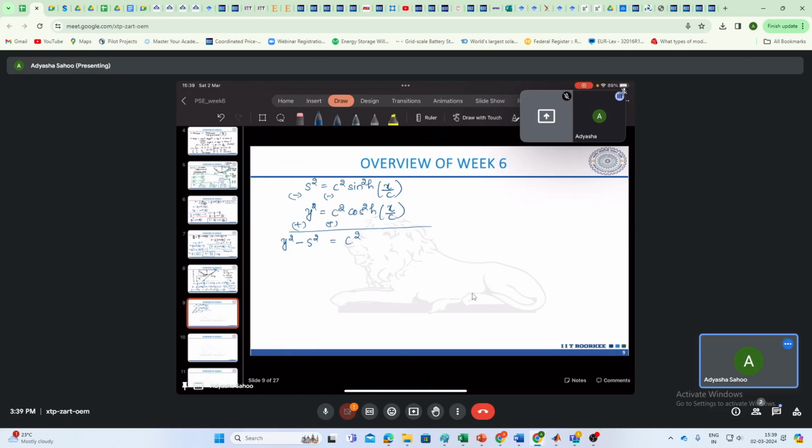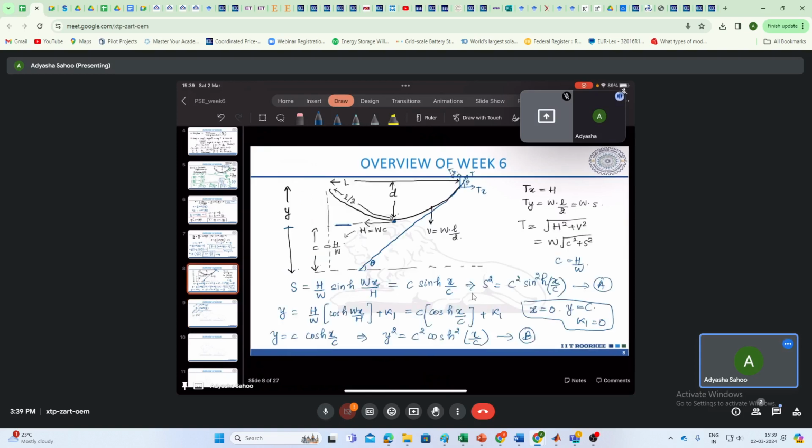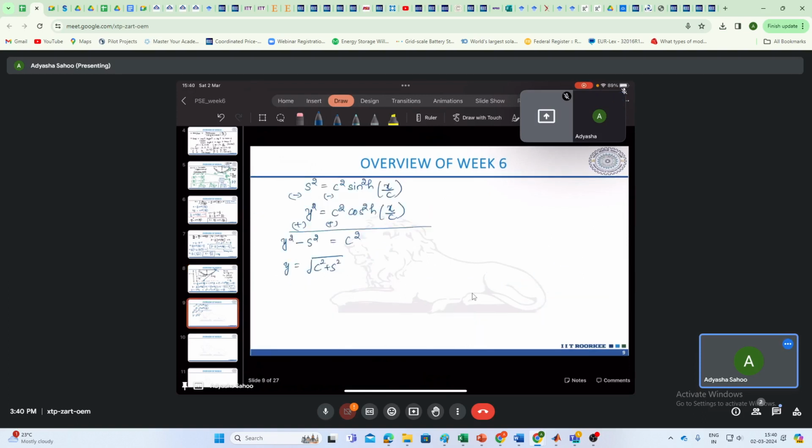So from here I can get y, or basically y is the square root of c square plus s square. And earlier this y was also c plus this distance d, right? This is also equal to c plus d.